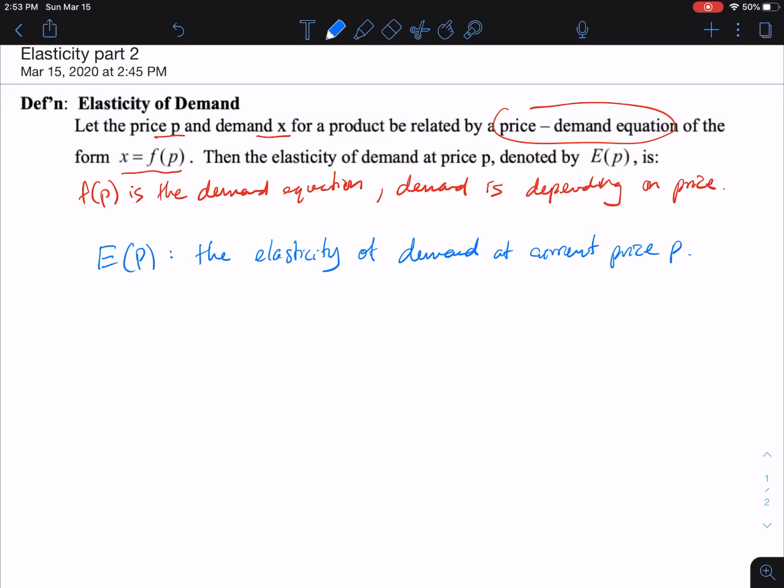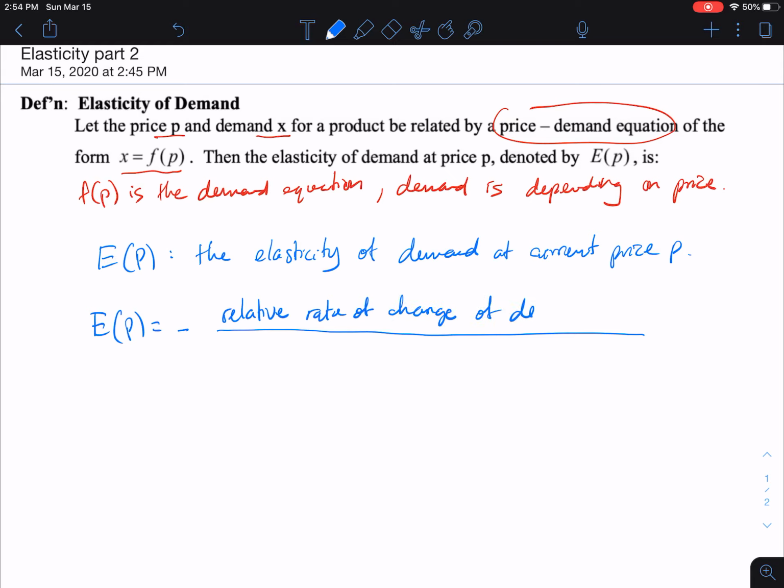E of P is defined as the negative of the ratio of the relative rate of change of demand over the relative rate of change of price. So we are comparing two relative rates of change. We're going to take the ratio of those two things.